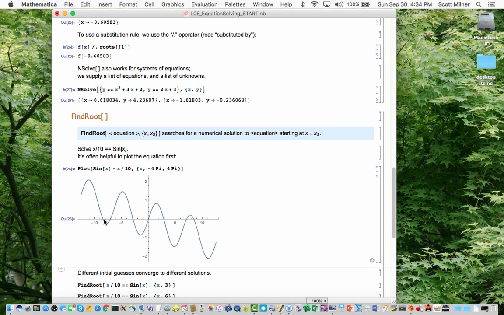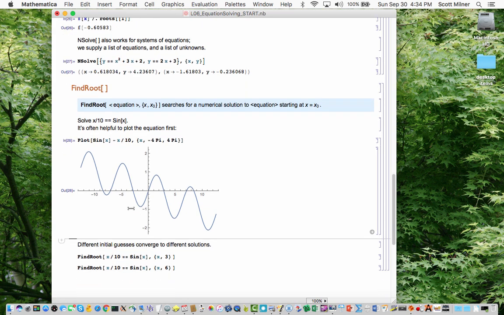So there's a root here, here, here, here, here, here, here. So however many that is, 1, 2, 3, 4, 5, 6, 7 roots in this range of the plot. And if I make different initial guesses, so for example, if I guess x around 3, then I'm probably going to find this root.